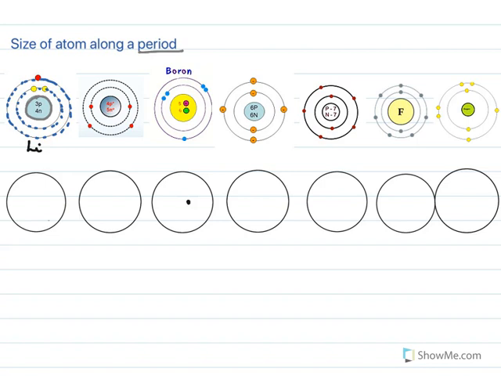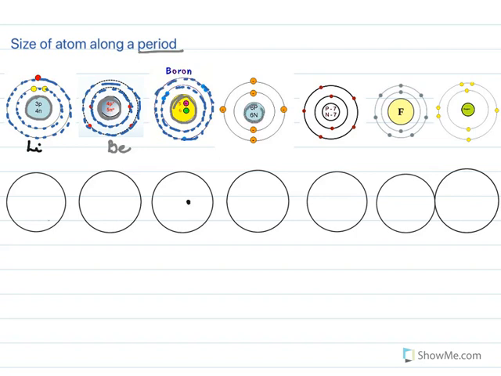Same when we go to the next. The next we have is beryllium. Again, we have the nucleus in the middle, and then the two shells, the K and then the L shell. Then next, after that, we have the boron, nucleus, two shells, K shell, and then the L shell.